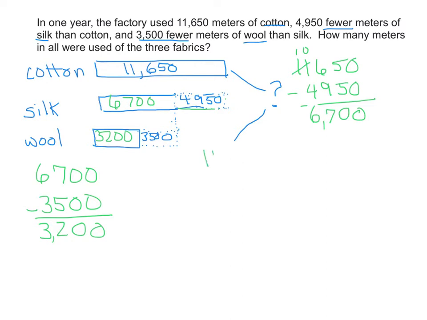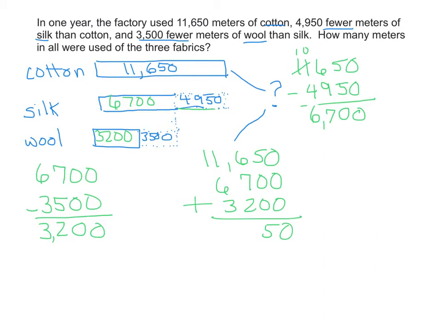Now, I want to find the whole, so I'm just going to add up my parts. I add up 11,650 for the cotton, 6,700 for the silk, and 3,200 for the wool. So now I need to put the answer into a sentence.